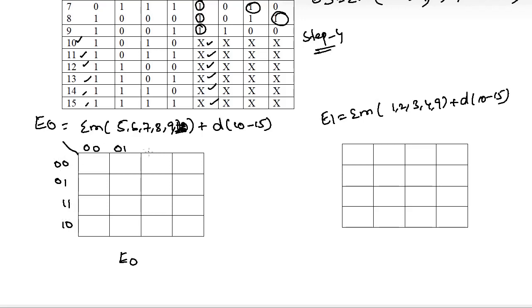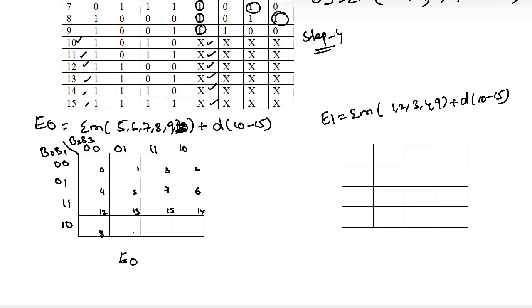Rows indicate B0, B1, columns indicate B2, B3. So it is the 0th cell, first cell, third cell, second cell, fourth cell, fifth cell, 7, 6, 12, 13, 15, 14, 8, 9, 11, 10.